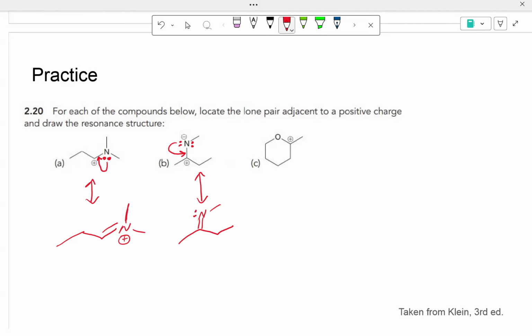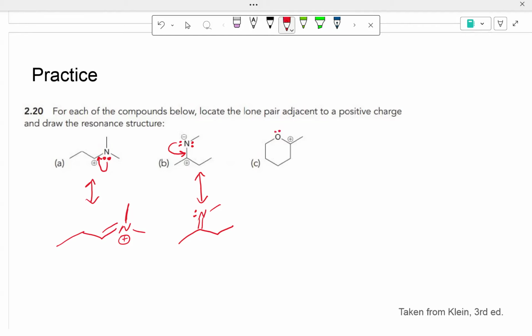And since the nitrogen lost a lone pair to form the pi bond, its formal charge is 0. And the carbon gained a pair of electrons around it, so its formal charge is... I'm sorry, neutral now. It went from +1 to 0.